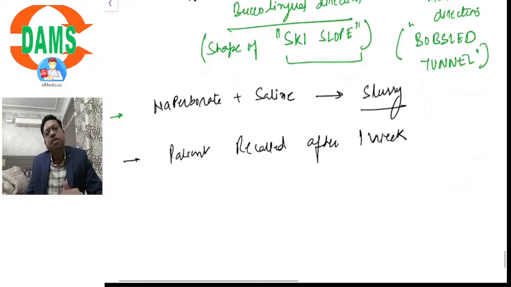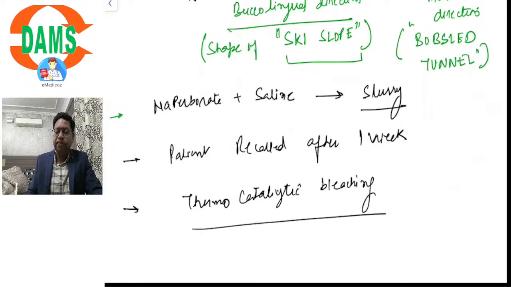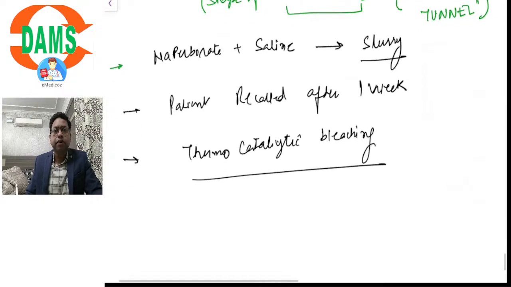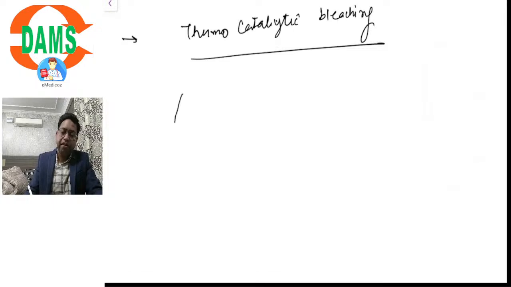On the other hand, if a similar treatment is done inside the office, it is called thermocatalytic bleaching. Basically, the sequence would remain the same. Suppose this is a root canal treated tooth where we are planning to do the bleaching treatment.